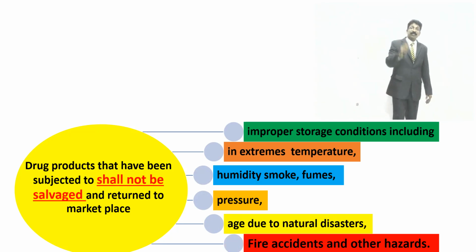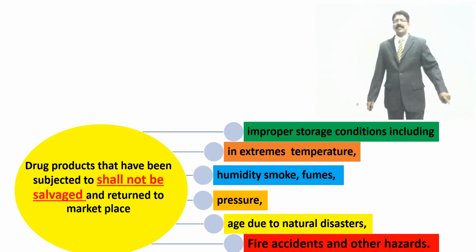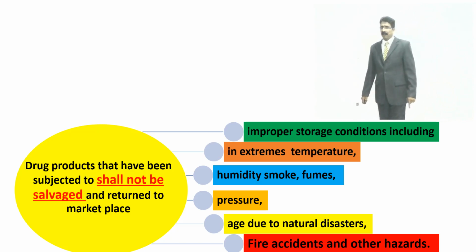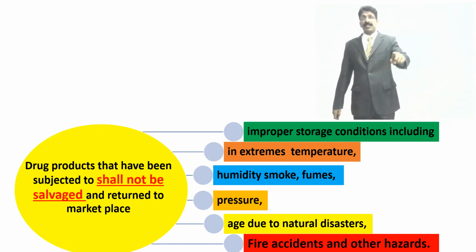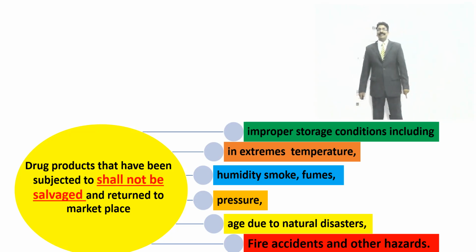If these are the conditions, there is no chance of reprocessing and no chance of drug salvage. It shall not be salvaged. That is the thing you have to remember.